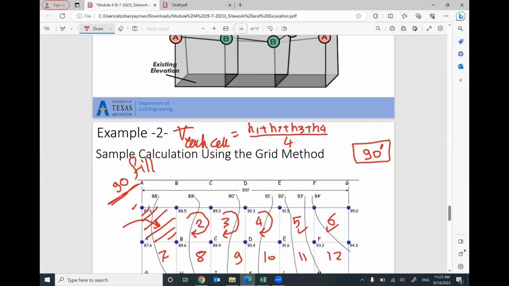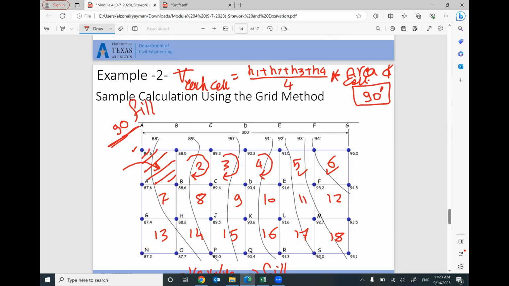What is the average? And multiply the average by the area of the cell. In this example, the length here for this cell is 50 feet, and the length here is 50 feet. That makes sense?